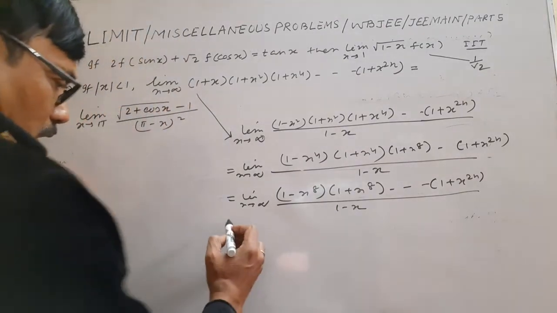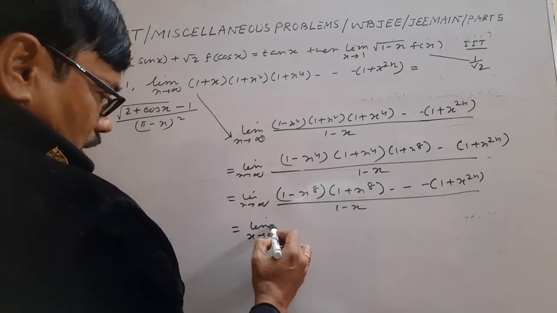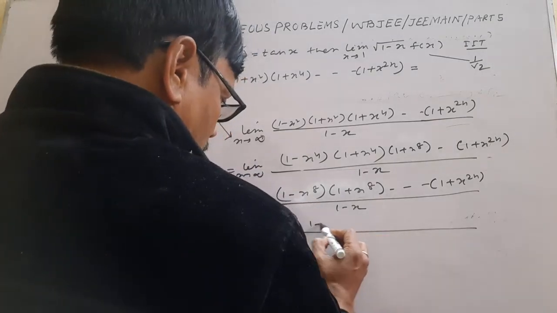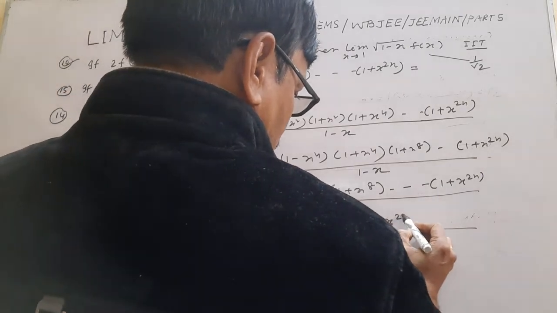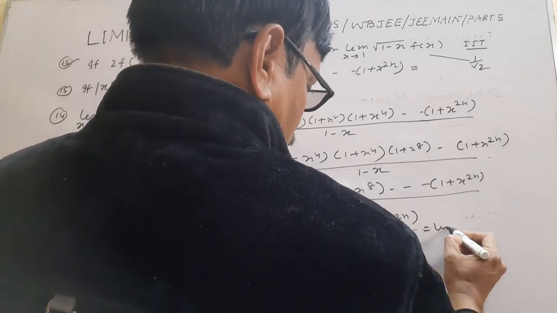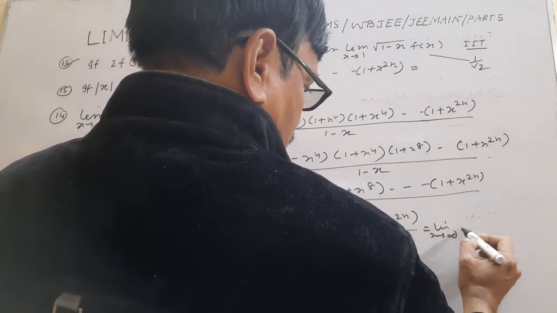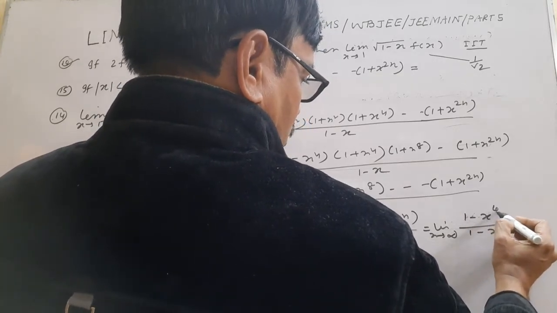So proceeding in this way, we get limit x tends to infinity, 1 minus x to the power 2n, and this is 1 plus x to the power 2n by 1 minus x. So limit x tends to infinity, 1 minus x, 1 minus x to the power 4n.